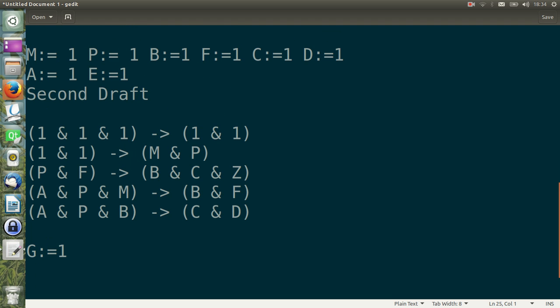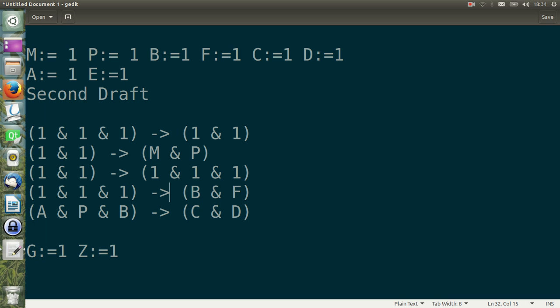So the only one left that we didn't know the value was C. This is 1, this is 1. We already have a value, C as well, but C was the last one, the missing. And it has the new value 1. A is 1, P is 1, M is 1.